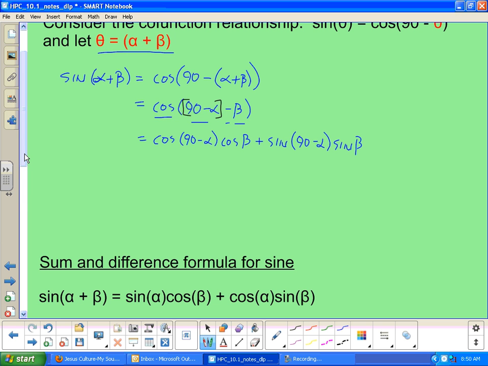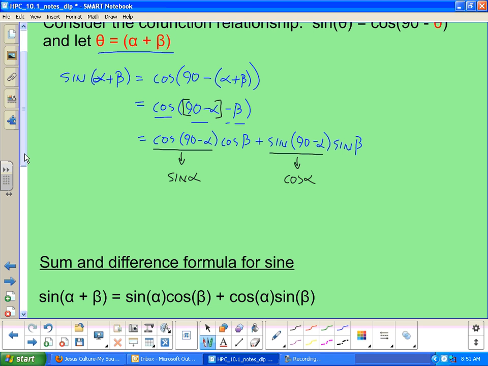And then we look at the fact that cosine of a 90 minus an alpha angle is simply a sine value of alpha. And sine of 90 minus an alpha is the same thing as a cosine of angle alpha. That's just from our cofunction relationships.